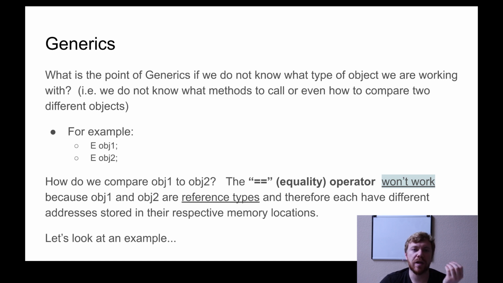For example, how do you compare two objects of, let's say, type E, right? You use a generic type E, how do you compare them? Well, you can't use the equality operator, it won't work. And that has to do with, remember, objects are reference types. And for a reference type, the actual value stored is a memory address.